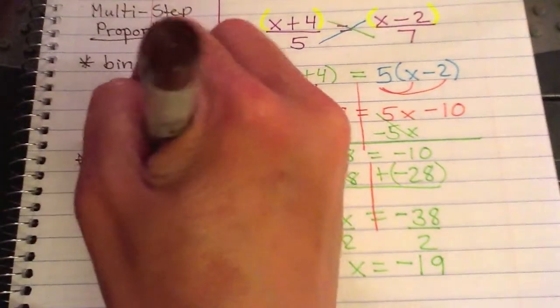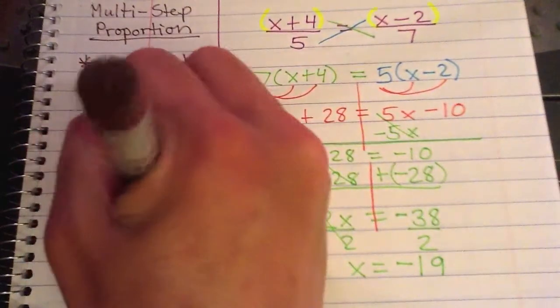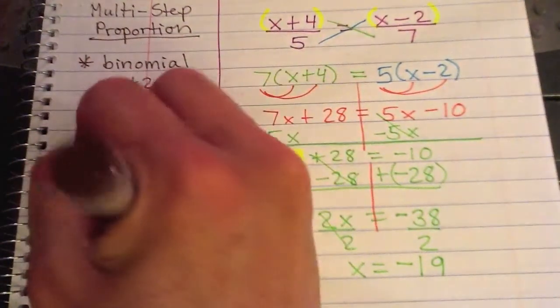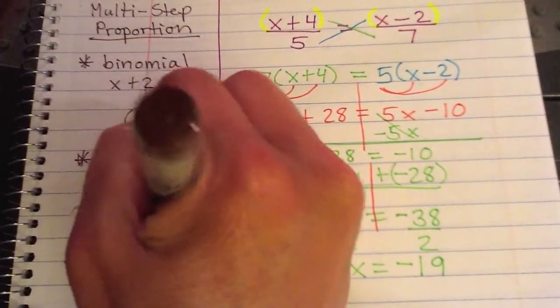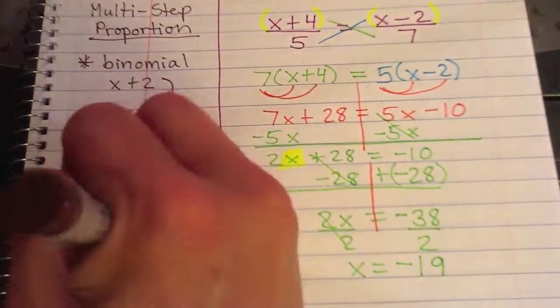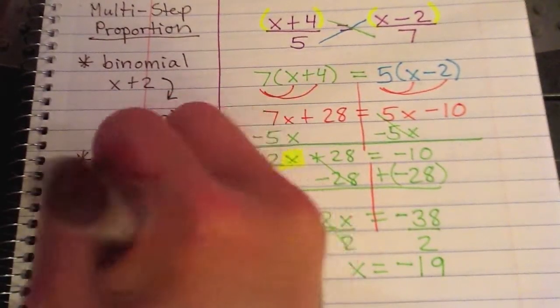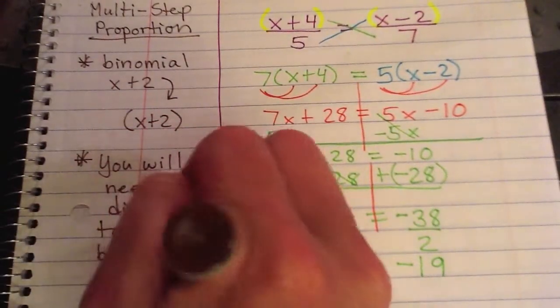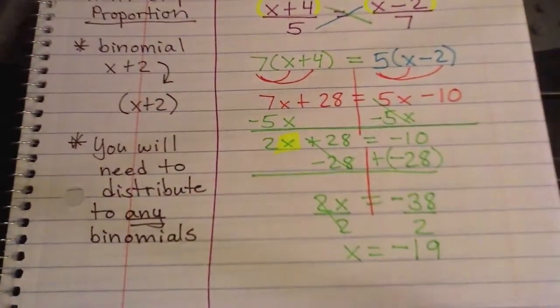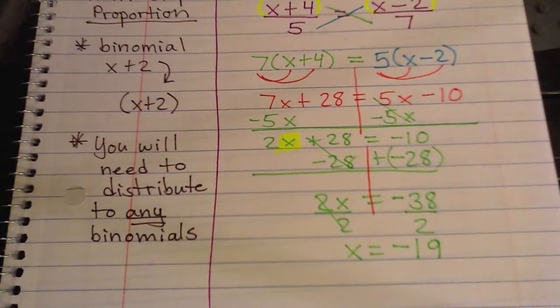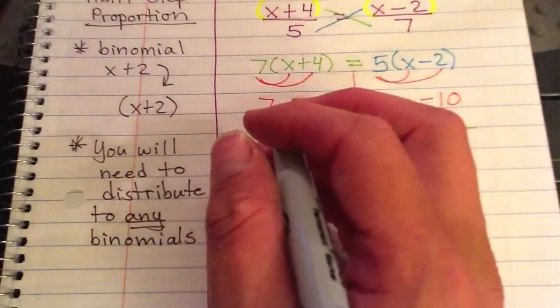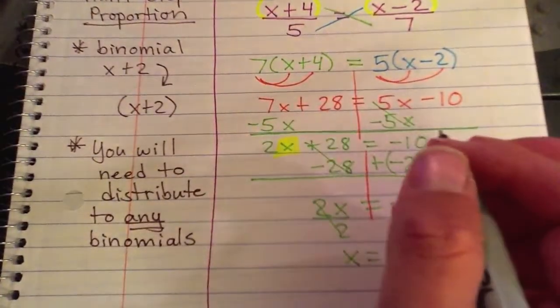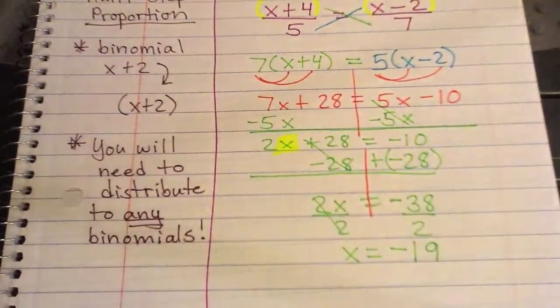You will need to distribute to any binomials. Or even more than that, let's say we had 3 terms up there, you would need to distribute to all of them. Okay, and then the rest you already know.